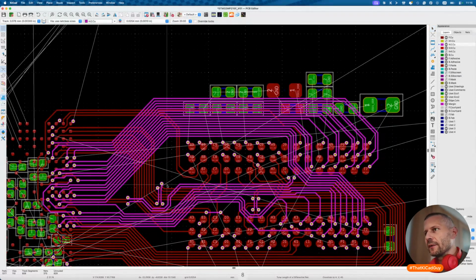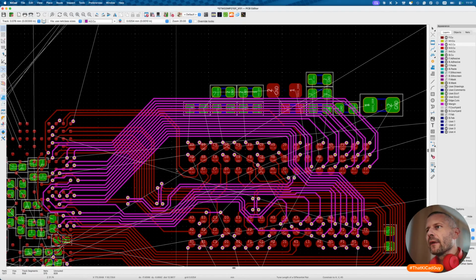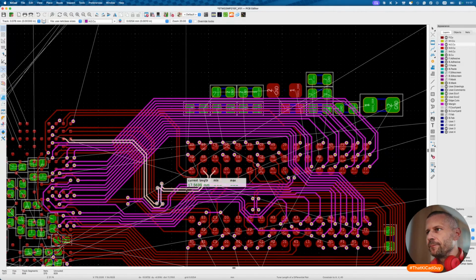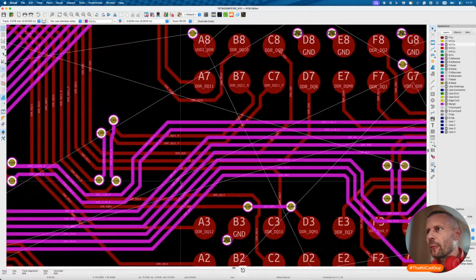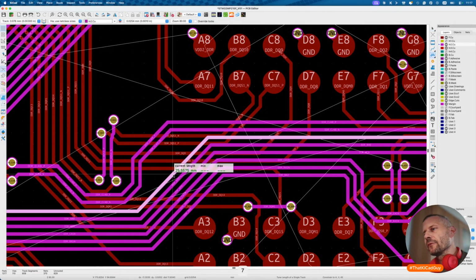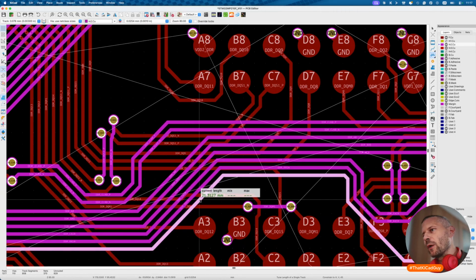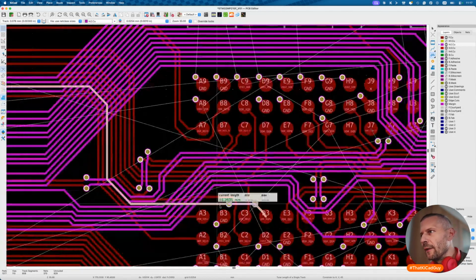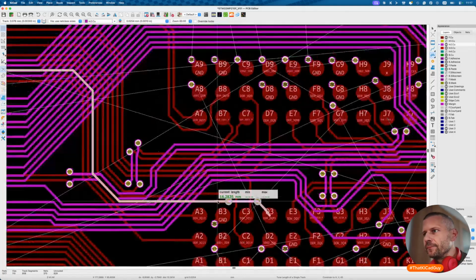Okay, so again, this is the clock. It's like 19 maybe and 18. And let's check all the others. Yes, these are mainly controls. So 25, 24, 22, 23, 21, 21, too short. 16.